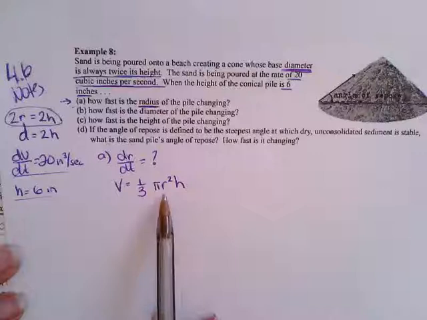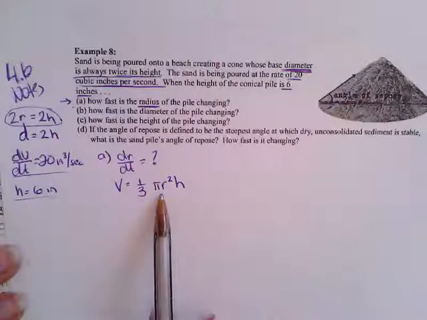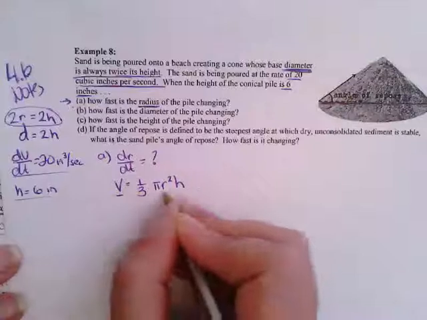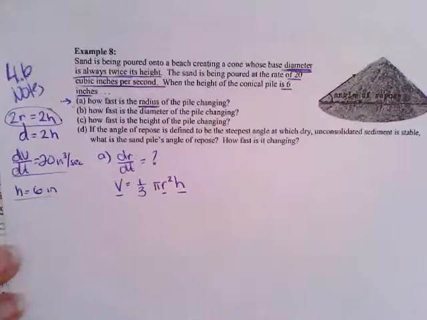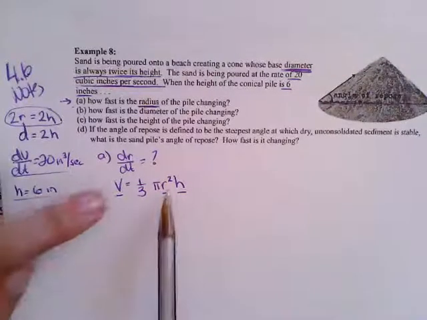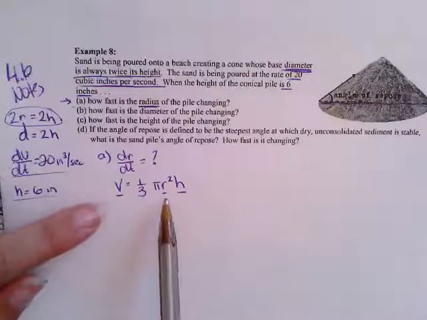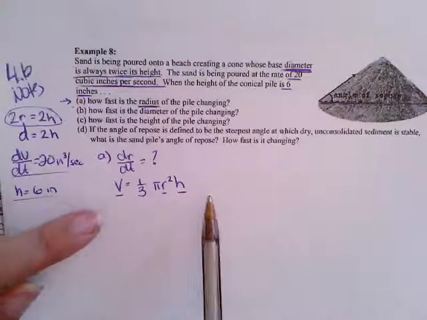Now, you notice here that we have 3 variables. 1, 2, 3 variables. And if you remember from optimization, and you can go ahead and try to solve this, but we don't have r and we don't have dr/dt.